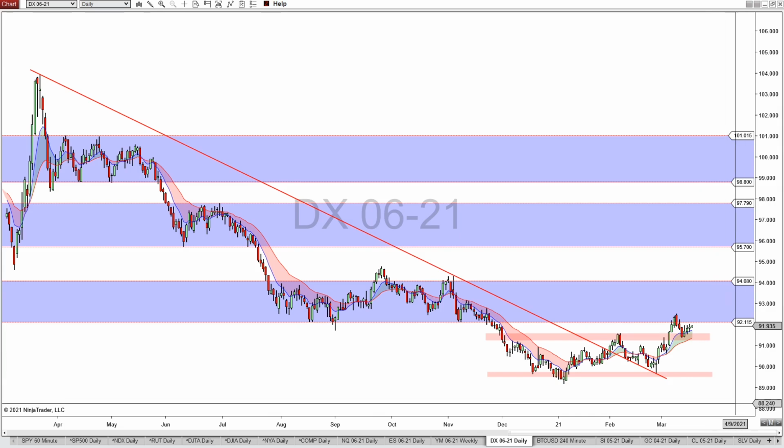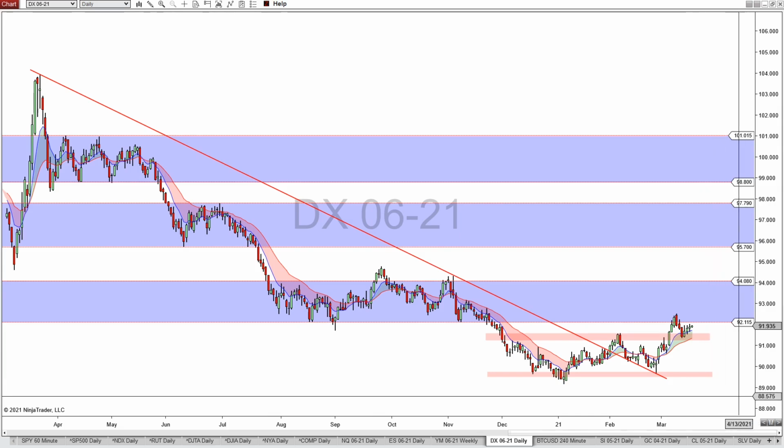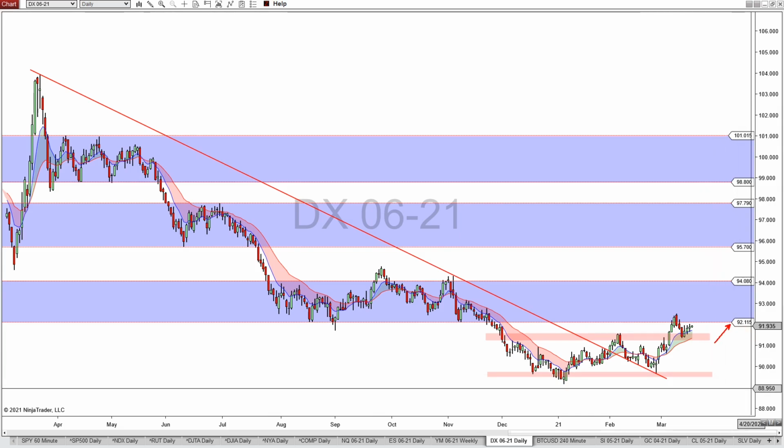And here's the U.S. dollar index, and I've been watching this 92 area. I was basically looking for this thing to come up and then kind of back off and come back down. So right now it's still kind of hovering near this 92. Now, in order for this dollar to get any traction, I expect it to have to at least get back up to this 94 level.